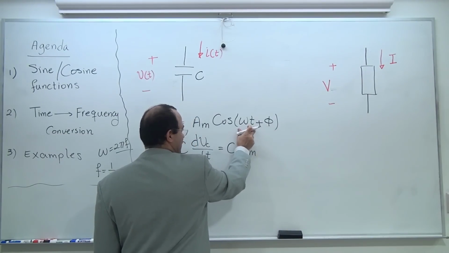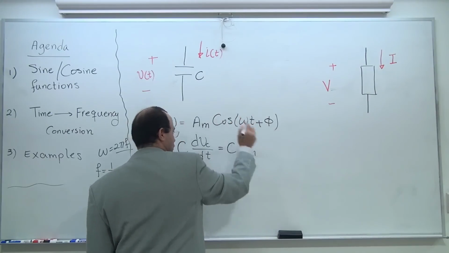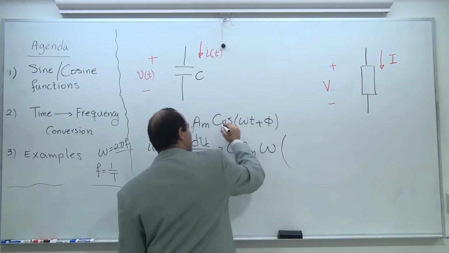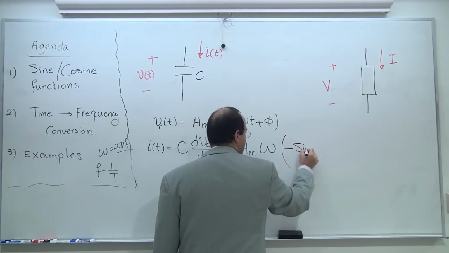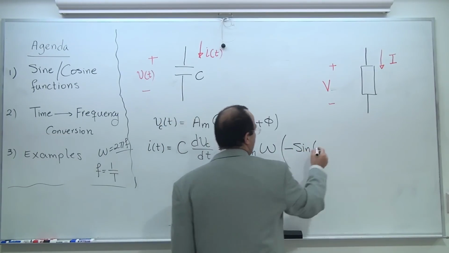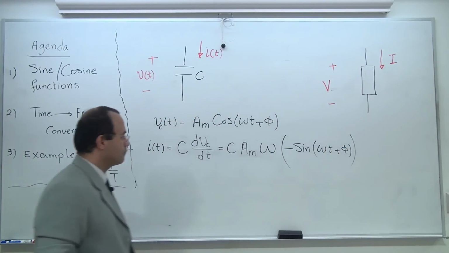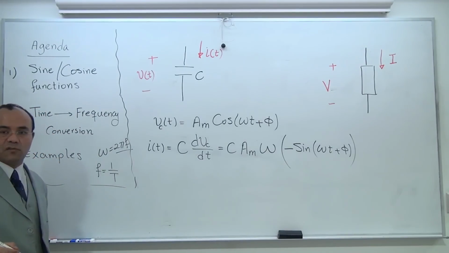Omega t is the only one that is changing in time. I'm going to bring in the omega behind. And then because this is a cosine function, it's going to be minus sine of omega t plus phi. So far so good?